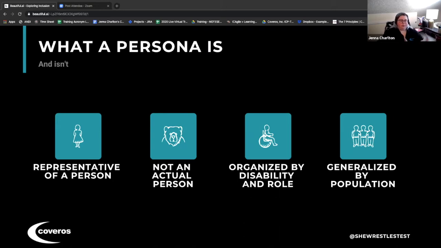So blind users, deaf users, users who have a mobility need, that have a mobility limitation, maybe users that are on the spectrum, so they have sensory processing needs. All of those different things are the ways we're going to organize our disability-based personas.